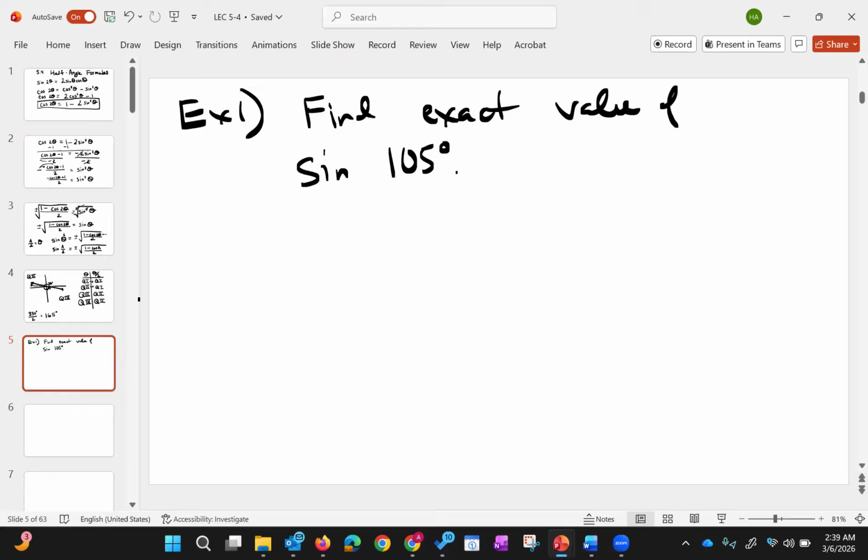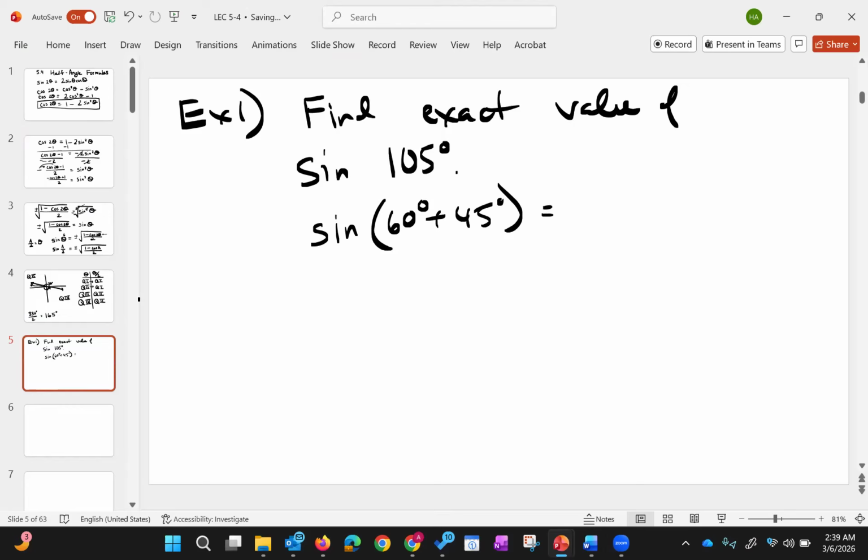This particular angle measurement, I think we've done this before even. We actually can find this by adding angles together, right? We can use the sum formula. Isn't sine of 105 the same thing as sine of 60 degrees plus 45 degrees? I think we actually did that on notes before.